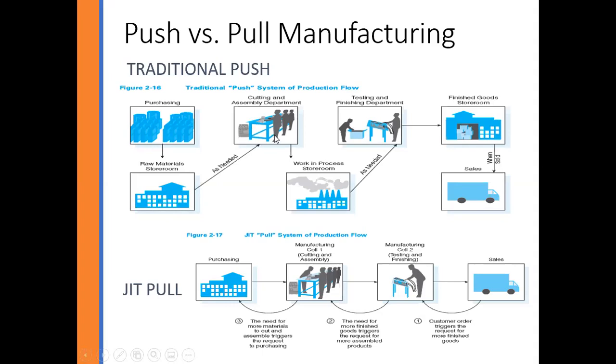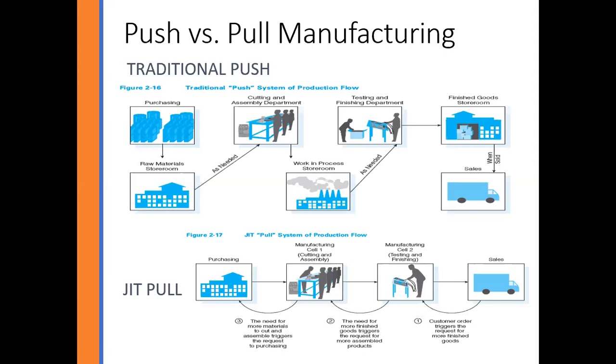And once they're finished, they're sent to the finished goods stockroom. Here it's showing us two different departments: cutting and assembling, testing and finishing. That's fine, it doesn't matter. The materials are pushed through the production process, right? It starts with purchasing, and then they're pushed through the production process as needed, okay?